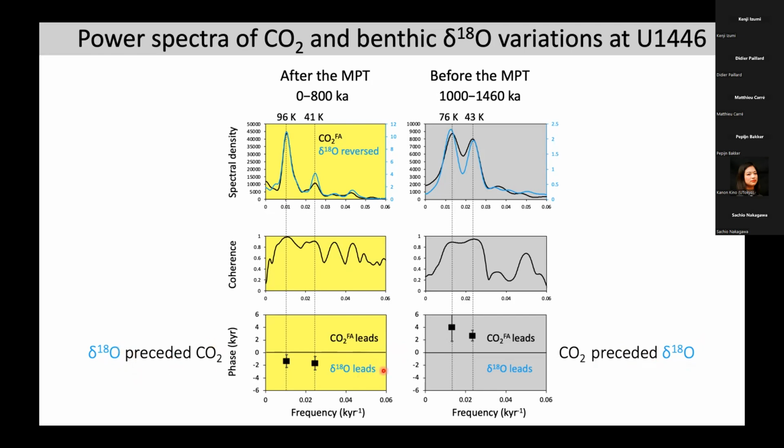So this suggests that the interaction between CO2 and the continental ice was changed and reorganized across the MPT. We speculate that changes in the deep ocean circulation might reorganize the interaction between the CO2 and the continental ice.